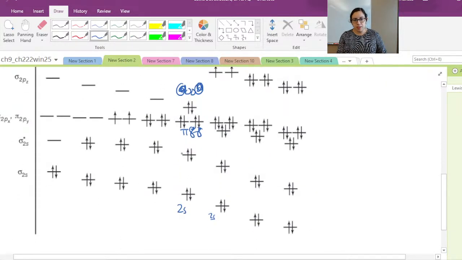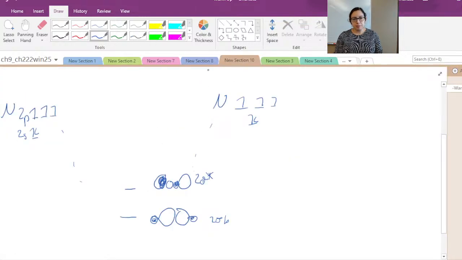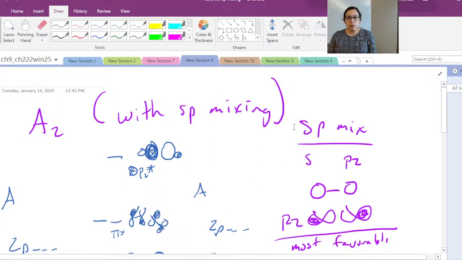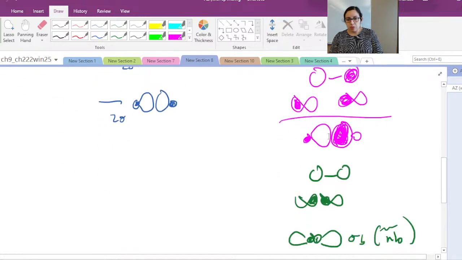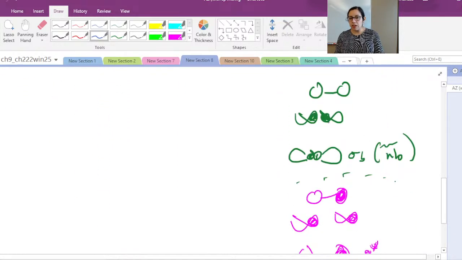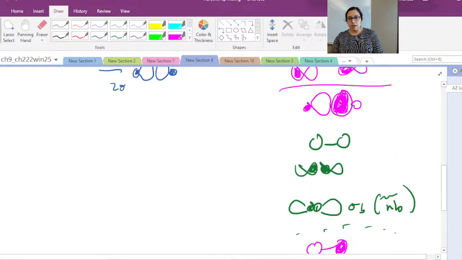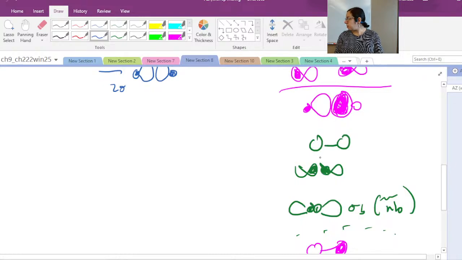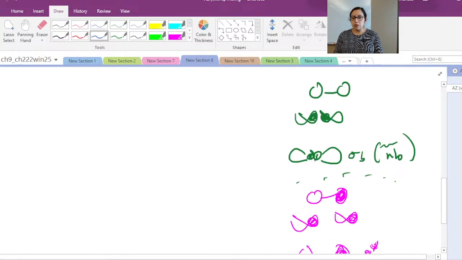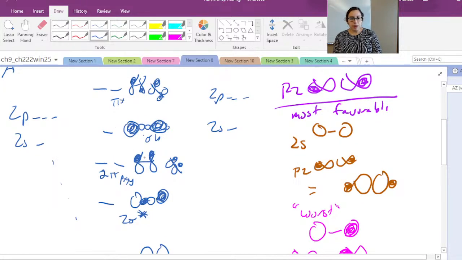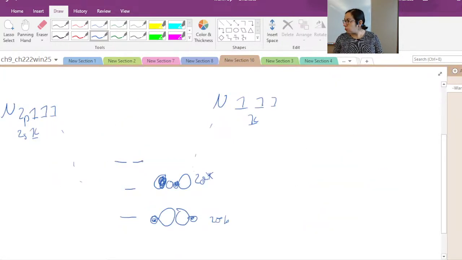So I'm just referencing this, and good question about it. I wanted to go over the order again. What happened when we had done this mixing? Remember, we had these two bonding interactions, but then the 2s and the 2p themselves were out of phase, leading to this area of less electron density. Because there's less overlap, this is higher in energy, and those p orbitals have more favorable bonding overlap. So that's why they're next. So there's the switch.